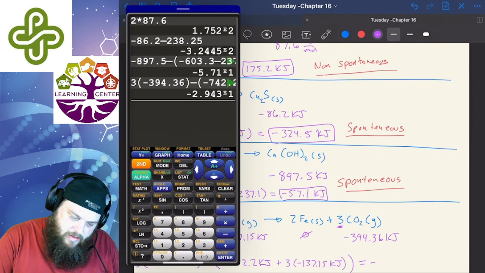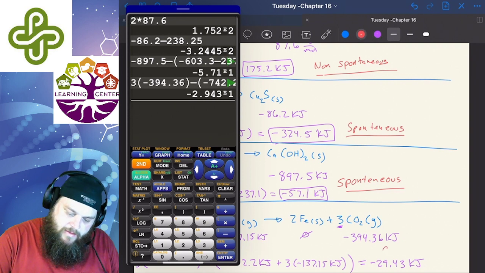So that's going to equal a negative 29.43 kilojoules, which is a negative value, so it's spontaneous.